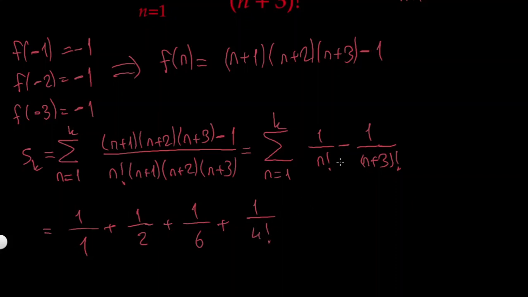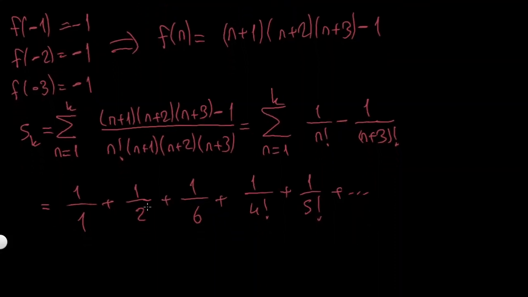From here I won't open them, so it's just going to go like this, 1 over 5 factorial. And the negative ones, I'm starting from 1 over 4 factorial. I will write it from this part because it's just going to cancel. So there is nothing here, and this is going to be 1 over 5 factorial. So it's going to go like this, and all of these terms are going to be the same, except this thing is just shifted by 3.